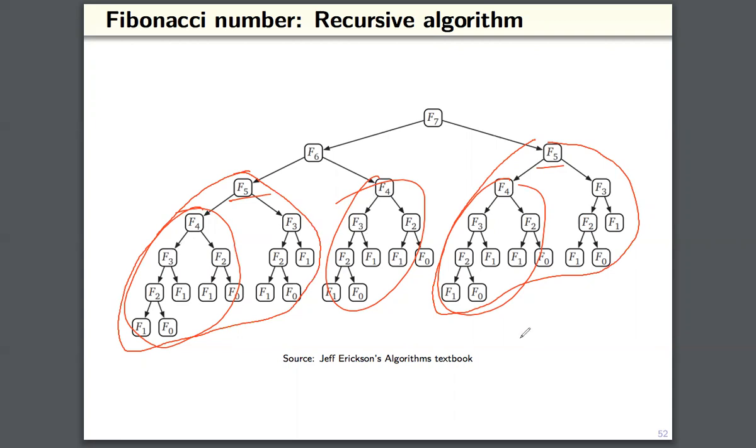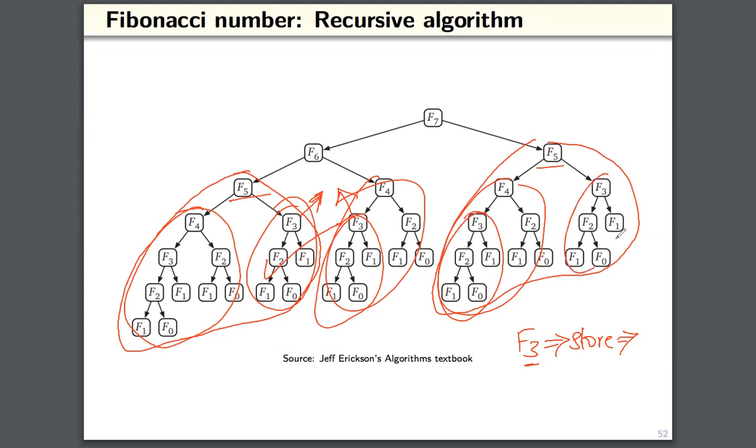Suppose we had stored F3 in memory, right? Suppose we store it in memory once. After computation of this once, we can reuse it 4 times, right? Whenever we get F3, we can just call the value in that memory location. Reuse, F3, reuse, F3, reuse. 4 times we could reuse the same stored value.